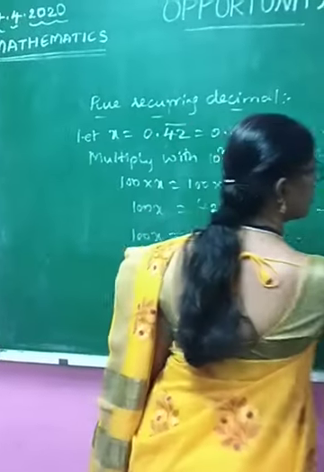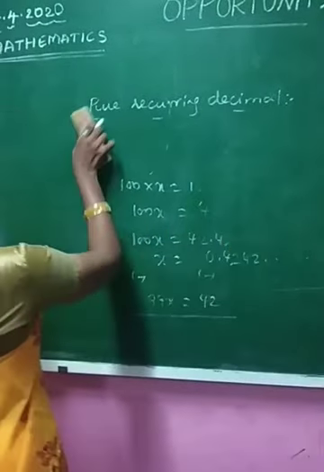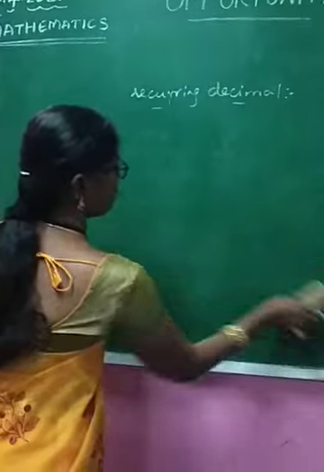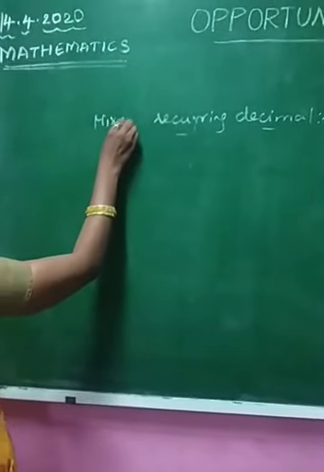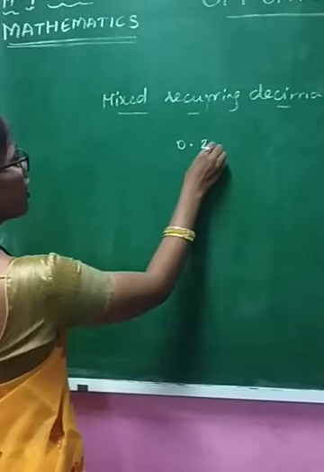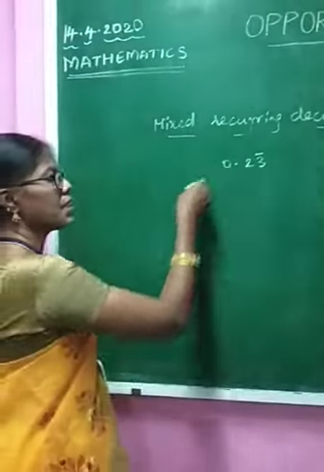So now the thing is for mixed recurring decimal. For example, let us take 0.2 bar 3. So it's a mixed recurring decimal.